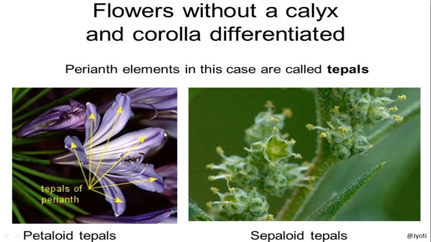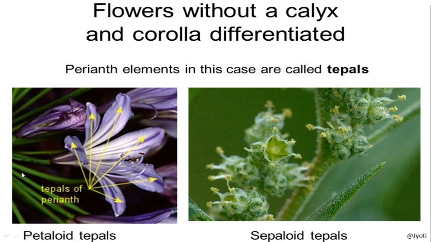In such a case, the floral whorl is called perianth. Very very important. The floral whorl in which the petals and sepals, or calyx and corolla, are not differentiated is called perianth, and the individual unit of perianth is called tepal. So these individuals are called tepals.